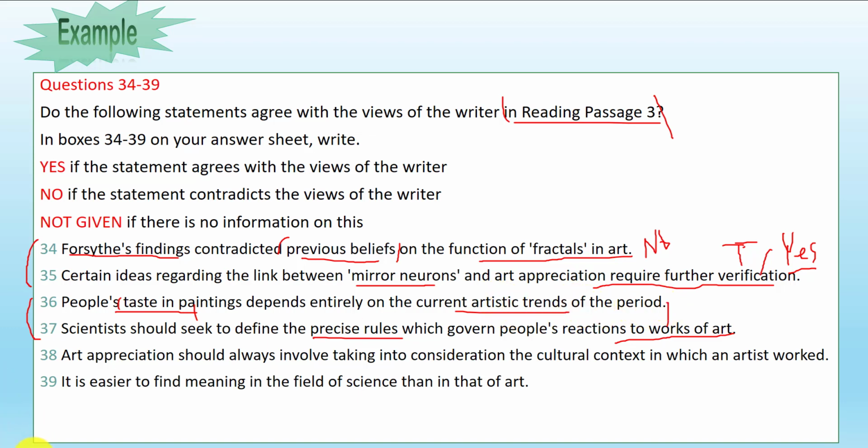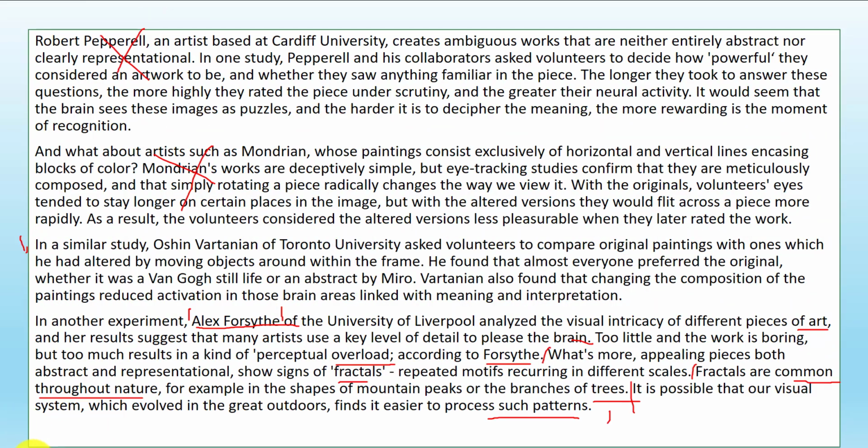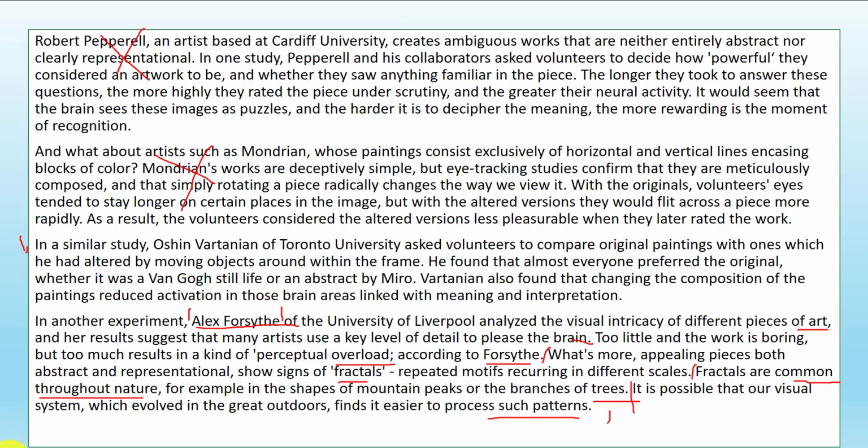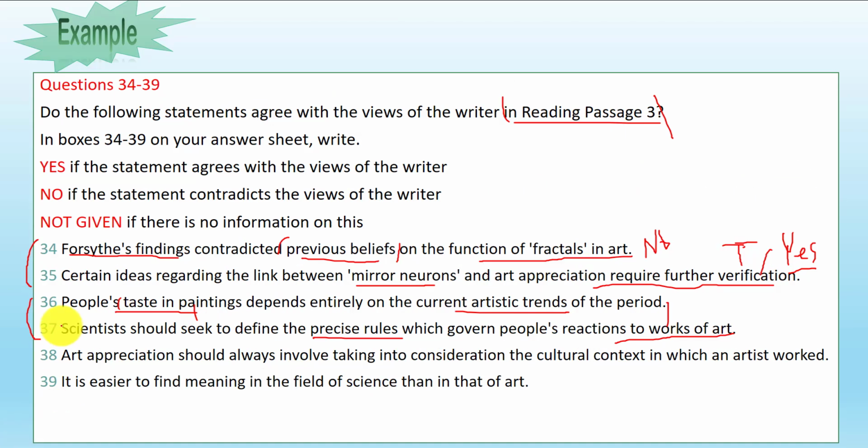But it doesn't only depend on the current artistic trends of the period. Now let me show you. Works that are best adapted to our visual system may be the most likely to linger once the trends of previous generations have been forgotten. So that's a contradiction with this viewpoint in the passage. So question 36 is no.